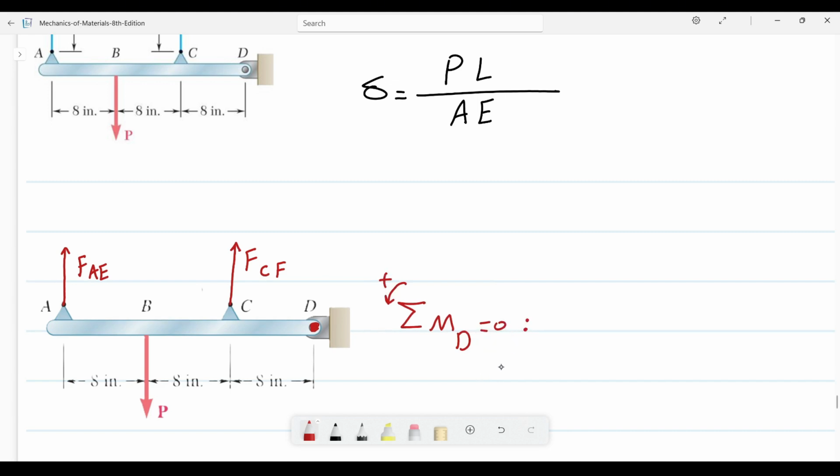It means minus 24 PAE plus 16 P, that's P we have here, minus 8 PCF equals 0.